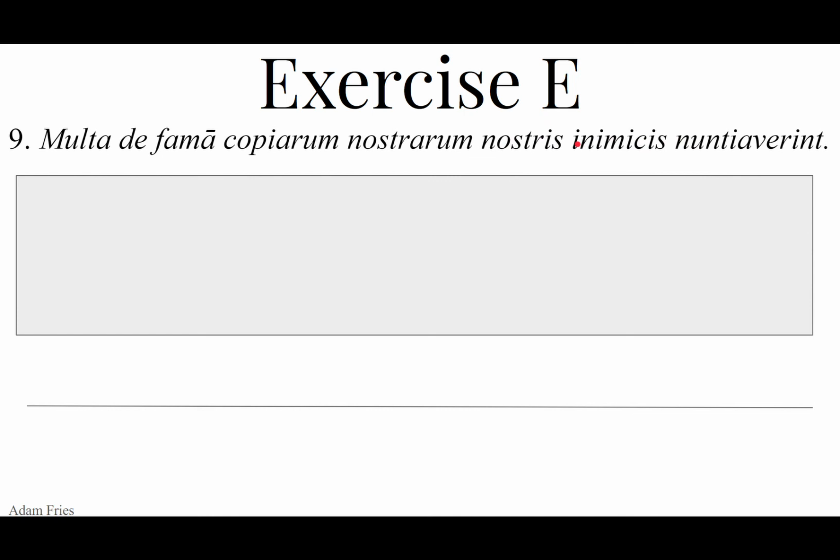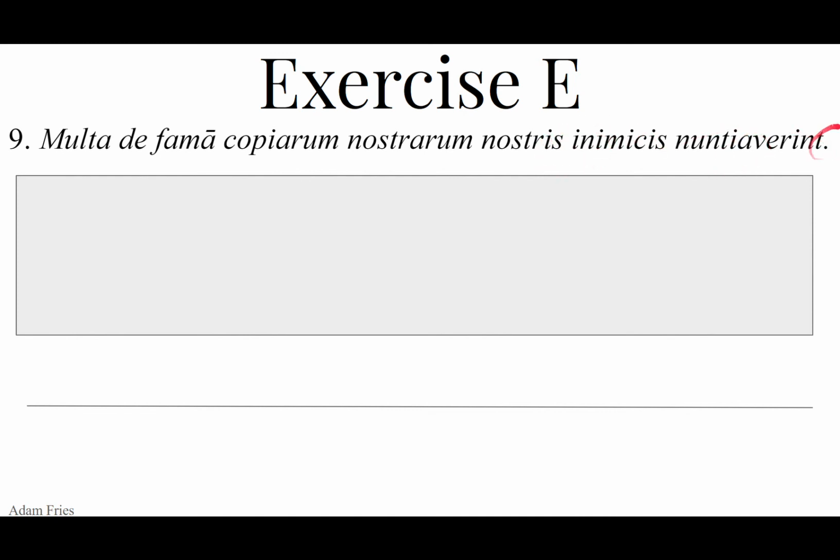Let's see. Nuntiaverent. Third person plural, future perfect of nuntio, nuntiare, nuntiavi, nuntiatus, to announce or to report. Okay, so the subject is they. Are the many things concerning the fame of our forces going to do the announcing to our enemies, dative indirect object?